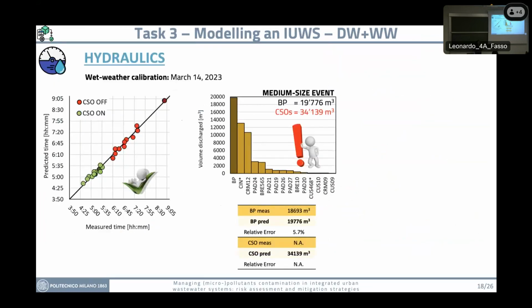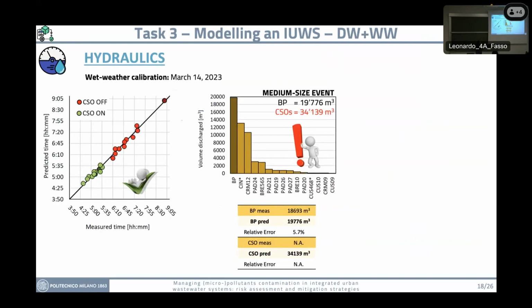Just a few results for the CSOs. Here you can see the activation time, the measured time, and the predicted time. The closer to this line, the better the calibration. And here you have the deactivation.